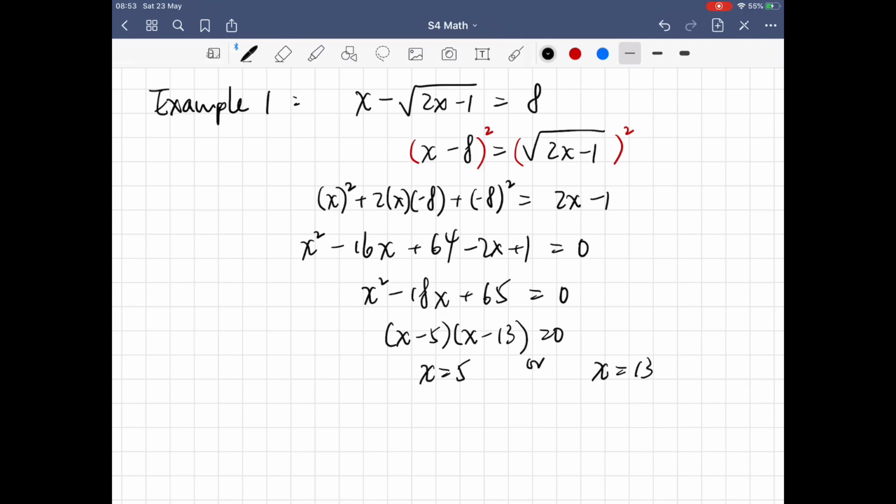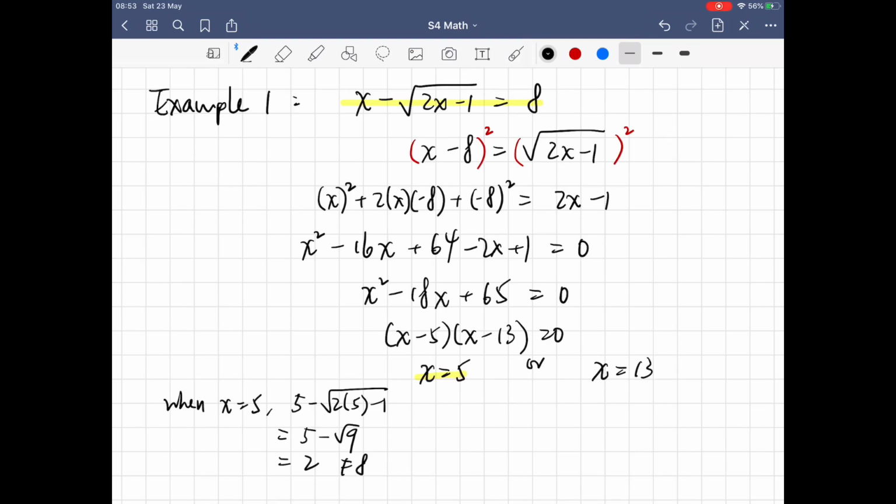Again, when we are solving equations with square root signs, we have to check the answer. First, when x equals 5, we have to put it back into the original question, and it will become 5 minus the square root of 2 times 5 minus 1, and it will become 5 minus the square root of 9, and it will become 2, and it doesn't equal the right hand side, 8.